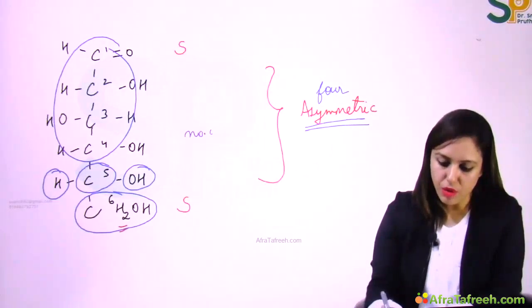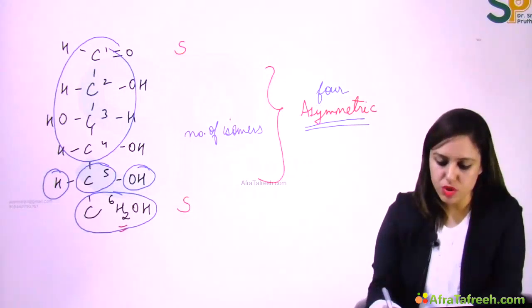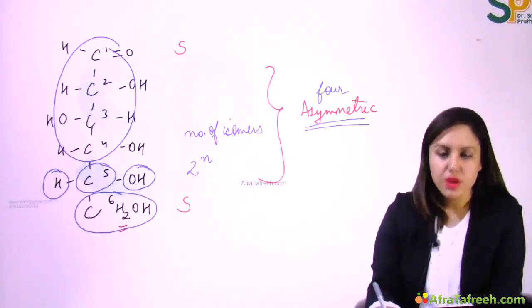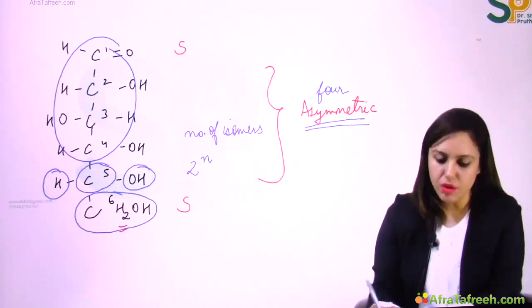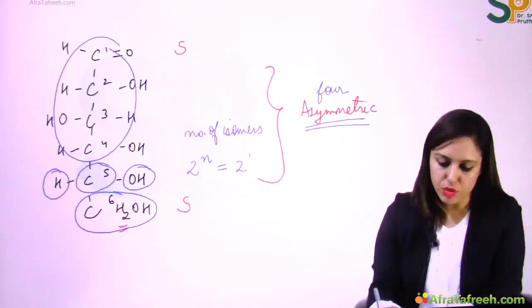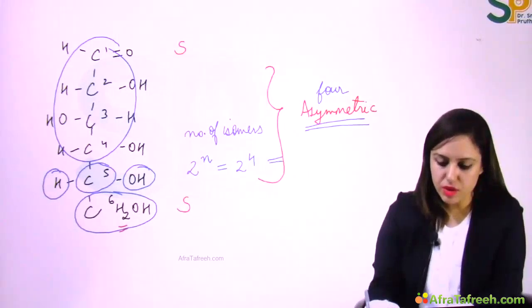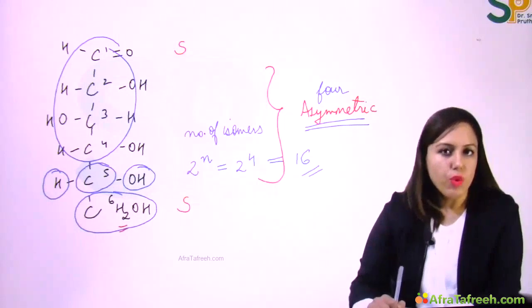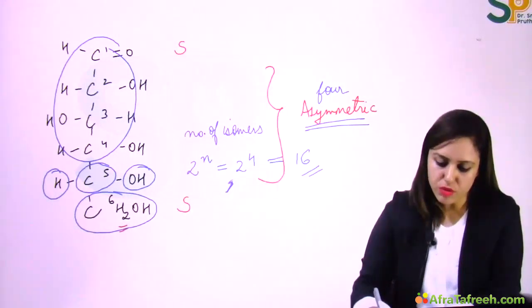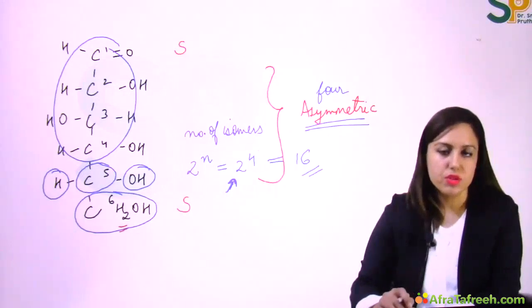So the number of isomers in case of glucose is given by the formula 2 to the power n. N is the number of asymmetric carbons, so 2 to the power 4, and this is 16, right? Note one more point here, that when we use this formula, we take these 4 asymmetric carbons, not 5.